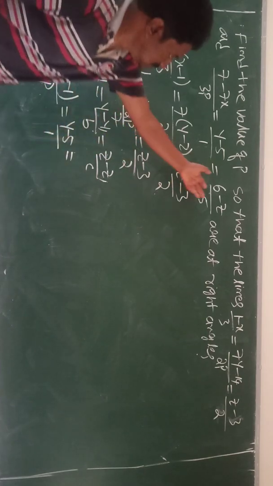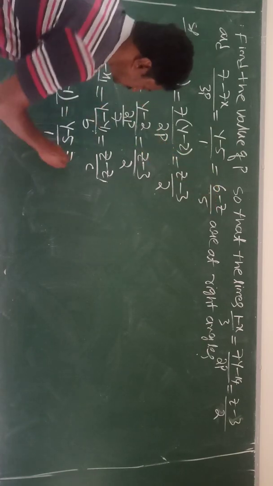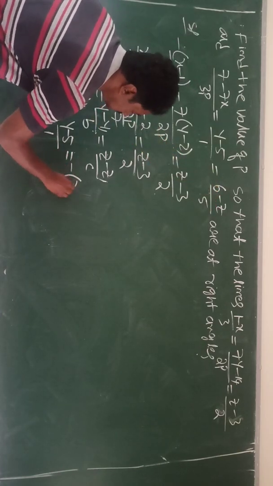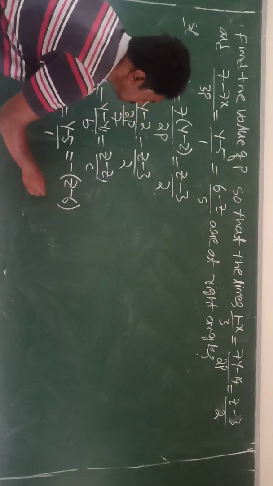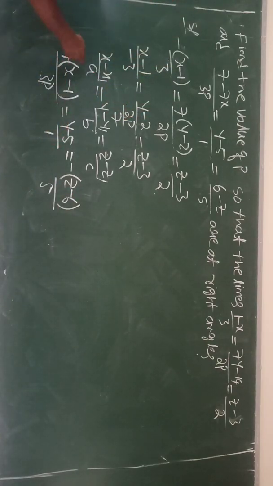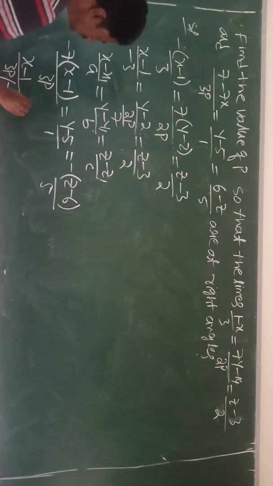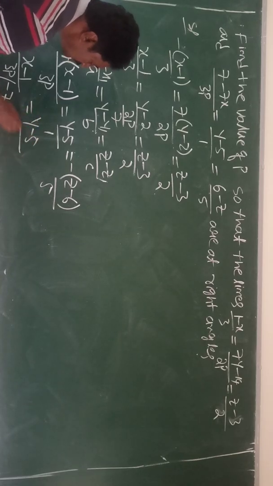Again, the terms are reversed. Remove one minus from that: minus of (z minus 6) by 5. Rearrange, students. Bring that minus 7 down: (x minus 1) by 3p by minus 7, (y minus 5) by 1.